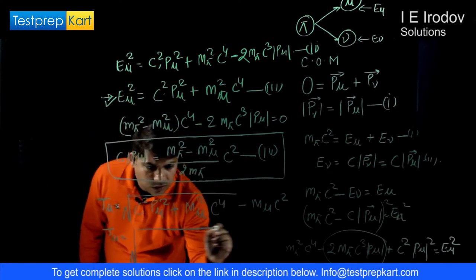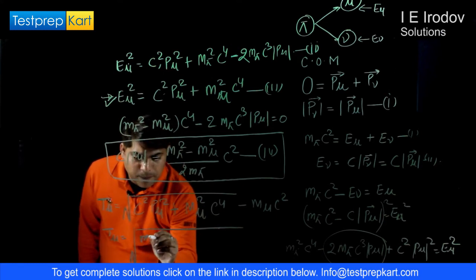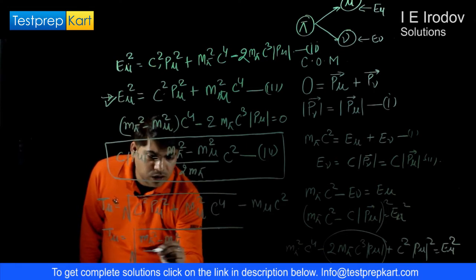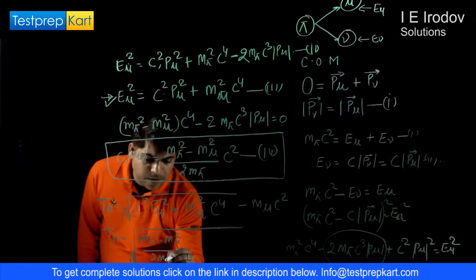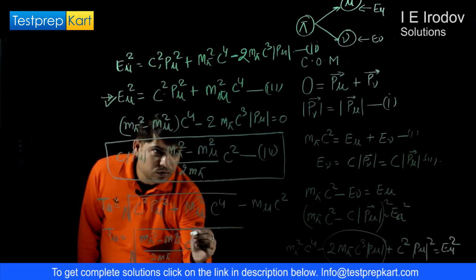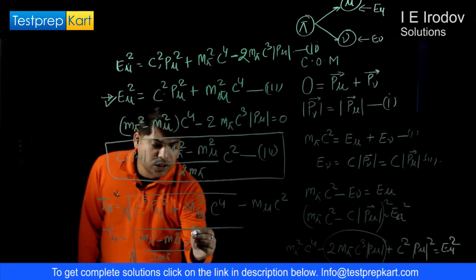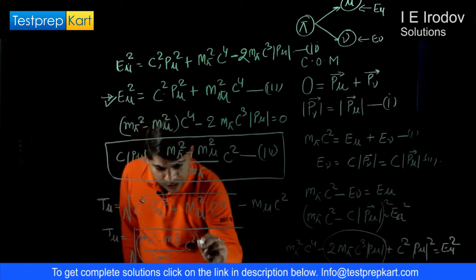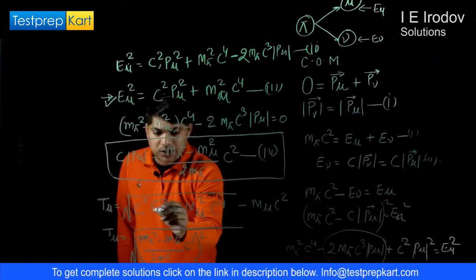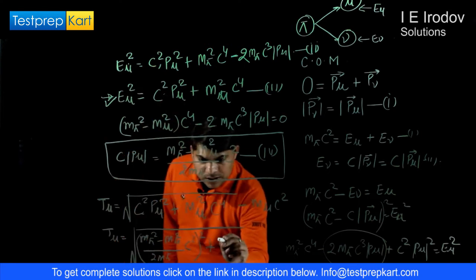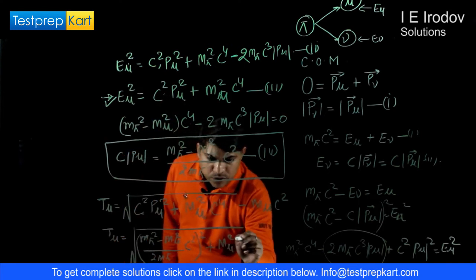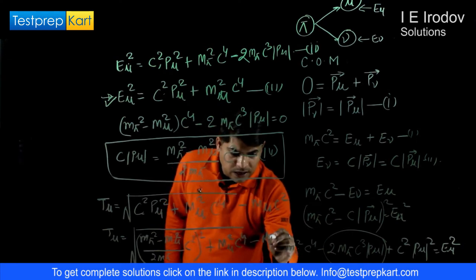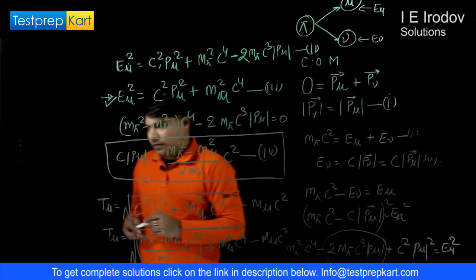the square root of (m_pi² minus m_mu²) over 2m_pi into c², and the whole square of this entire quantity, because this is c p_mu, plus m_mu² into c⁴ minus m_mu into c².